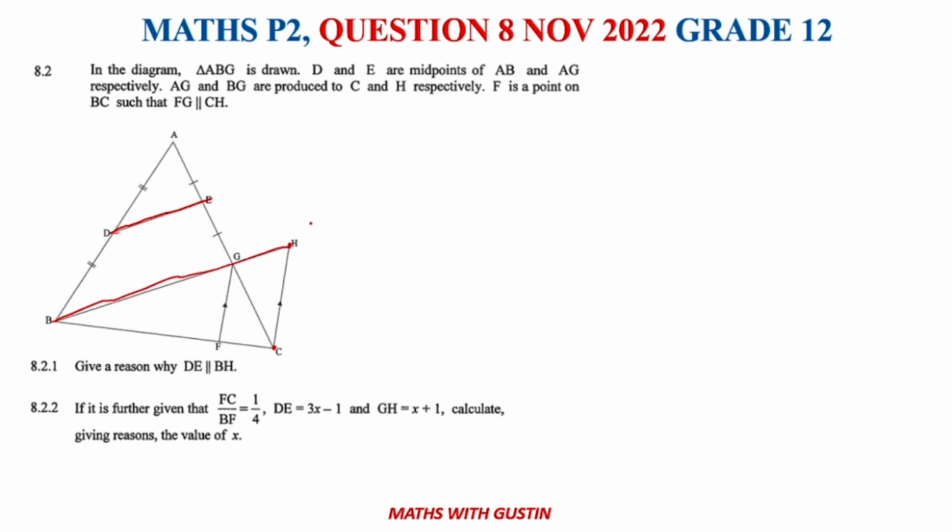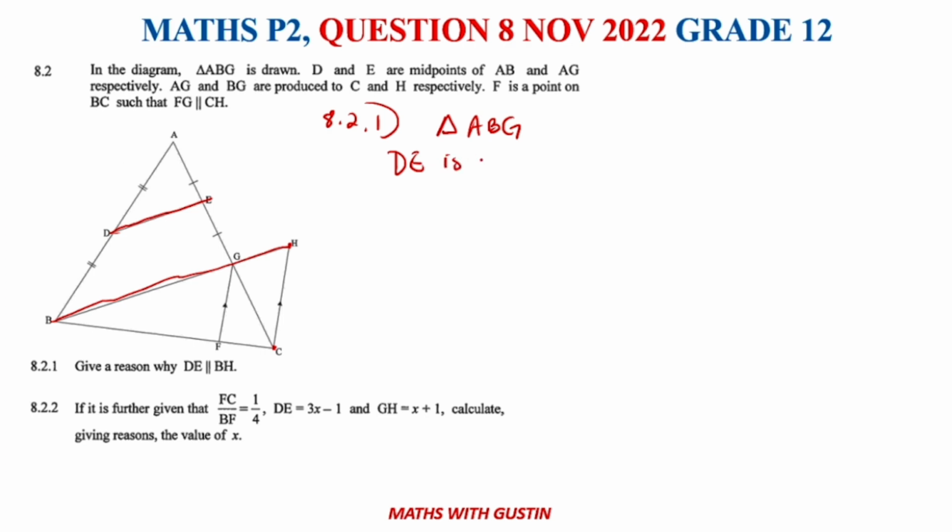So let's look at this question now. Guys, if we look at 8.2.1 and what they are referring to, in this triangle ABG you have DE as a segment.